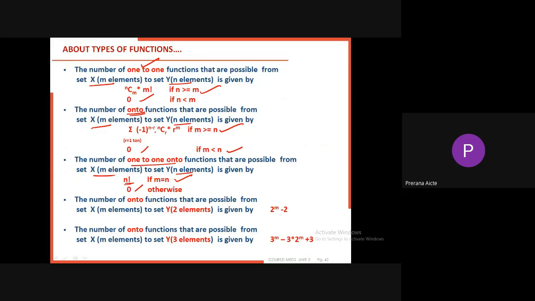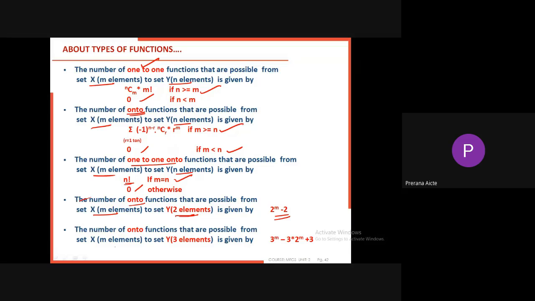And coming to another point, this is also with respect to onto functions, but the number of elements in the set x is m, and in the set y there are only two elements. If the second set contains only two elements, the number of onto functions possible is given by 2 to the power of m minus 2.